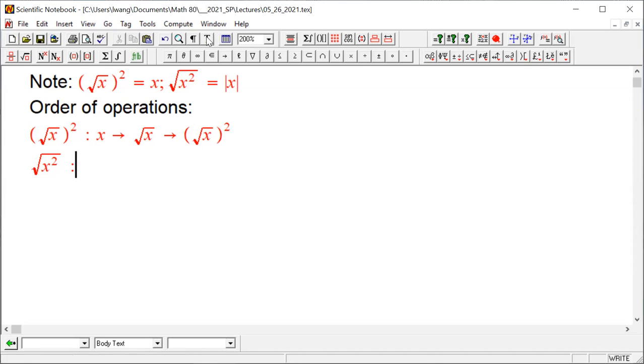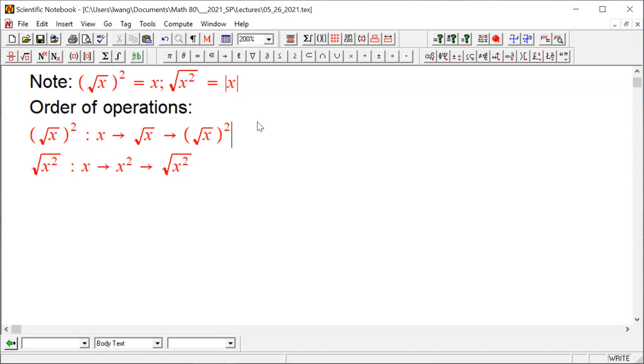On the next one, however, x is going to be given as input. We're going to square it first. And after we square it, then we take a root. You see the difference in order of operations?